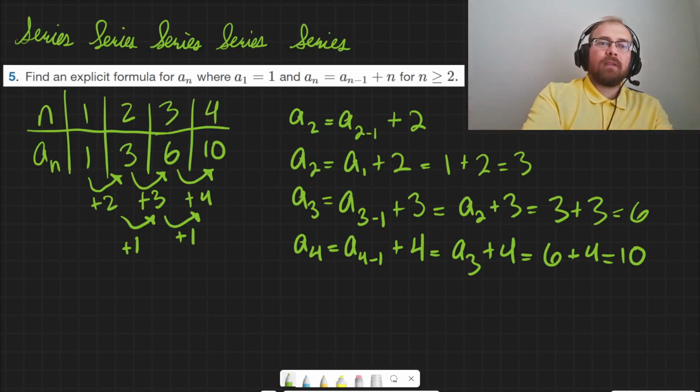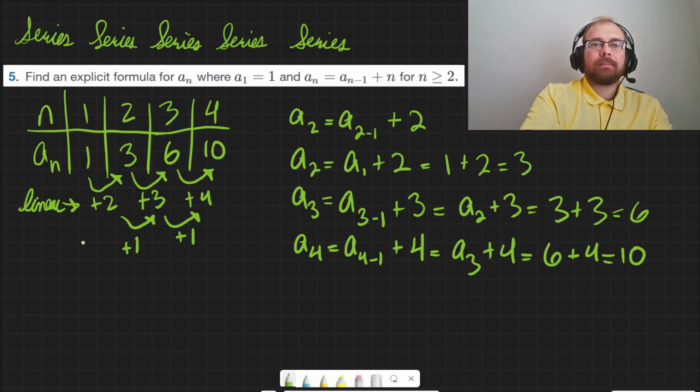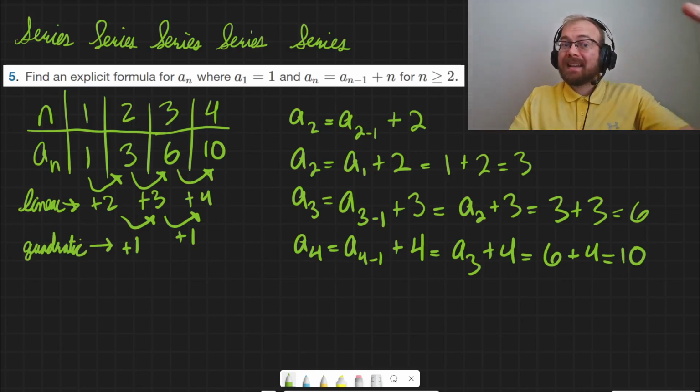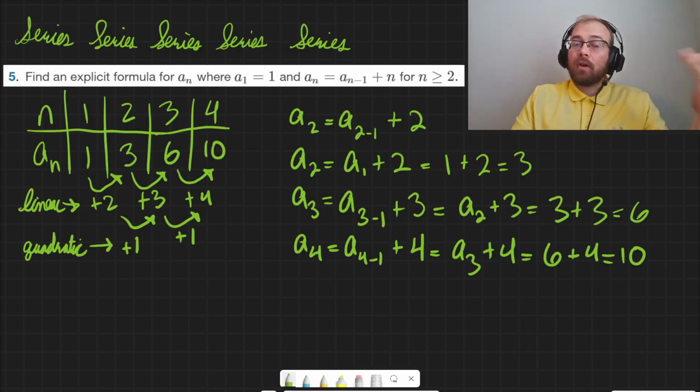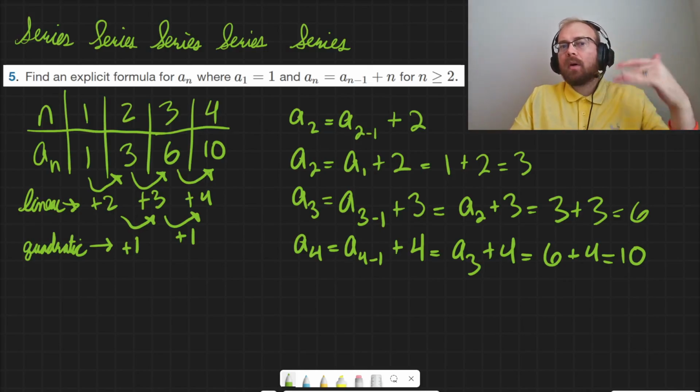If the pattern is here, then that would be linear, or you could say it's an arithmetic sequence. If the pattern is here, then it's quadratic. If the pattern was on the next level over, it would have been cubic, and so on and so on.